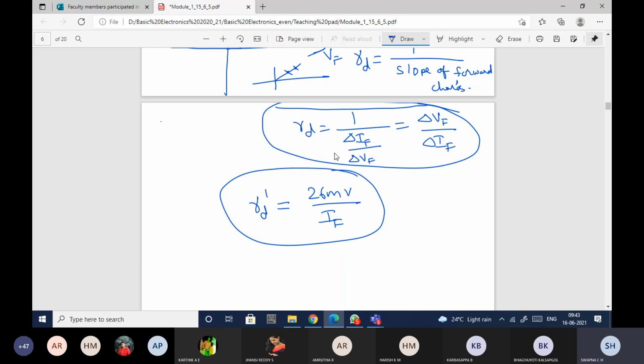To get only the AC resistance, this is how we calculate RD dash. RD dash is the AC dynamic resistance, pure dynamic resistance, whereas RD also includes the DC resistance, or static resistance. So this is all related to the dynamic resistance of the device. Hope you people are following.